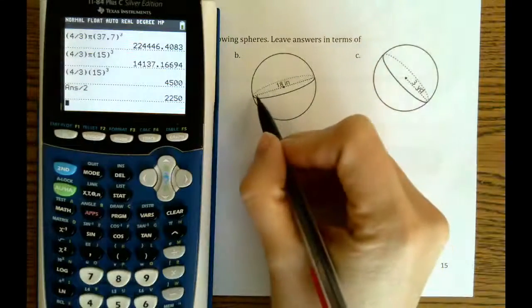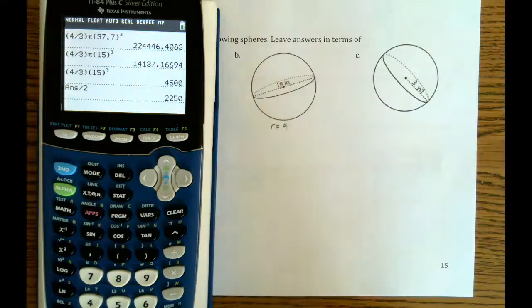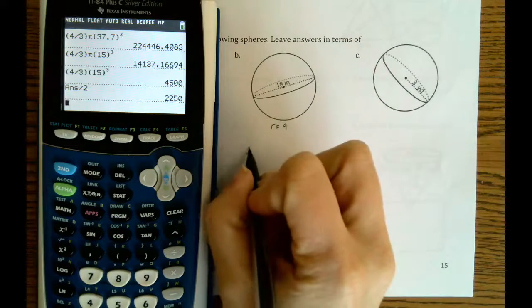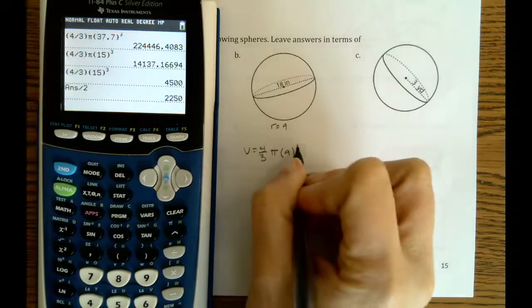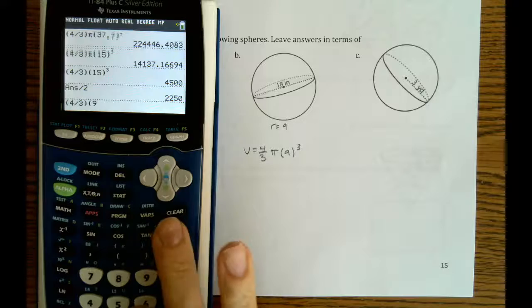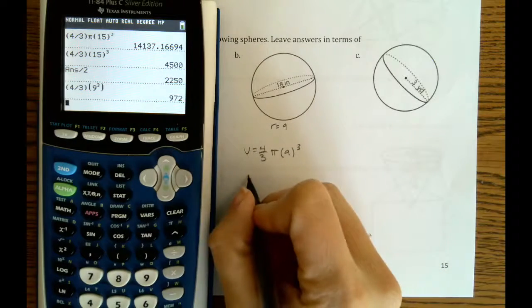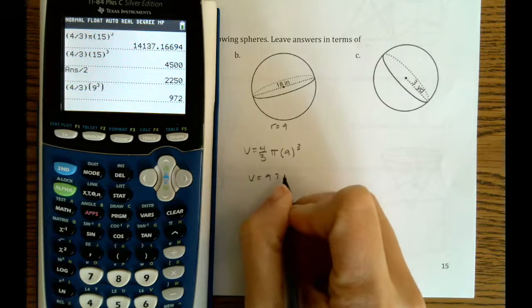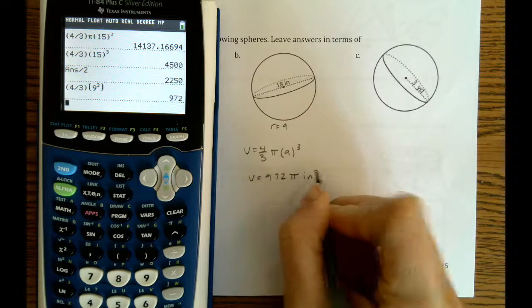Okay, letter B. It looks like here our diameter is 18, so our radius will be 9. Four thirds times 9 cubed is 972. And of course we're leaving it in terms of pi, and this was inches cubed.